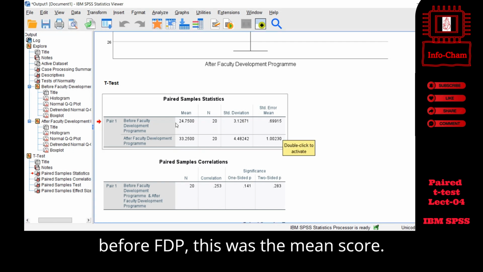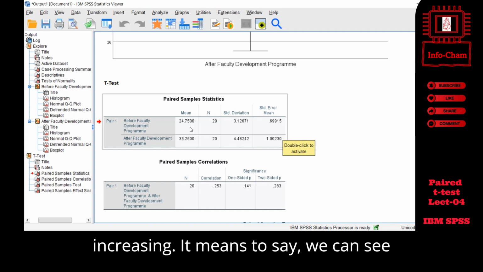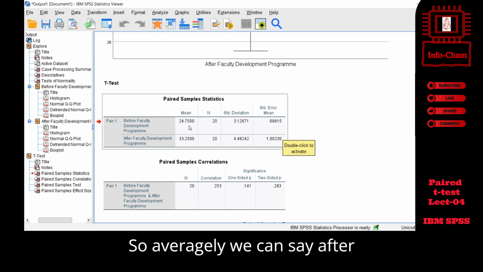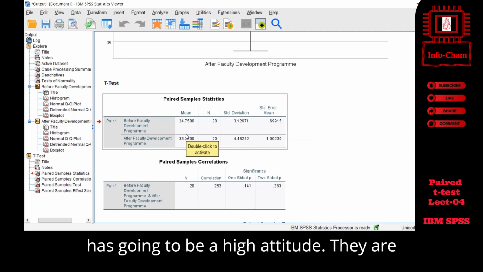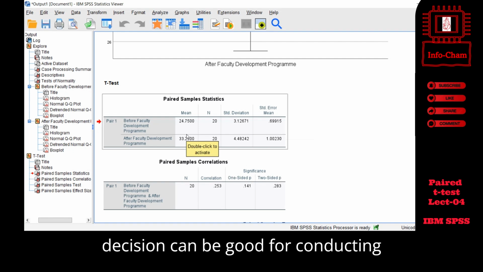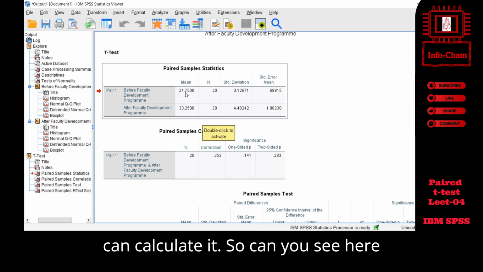Before FDP, this was the mean score, and after FDP, the average is increasing. It means we can see there is a difference in average. So on average we can say after the development program, after FDP, the faculty have a higher attitude. They are very positive. So the decision to conduct it can be good, right?